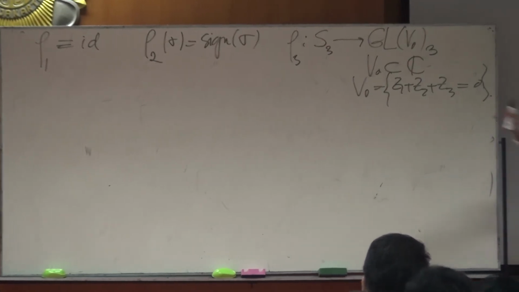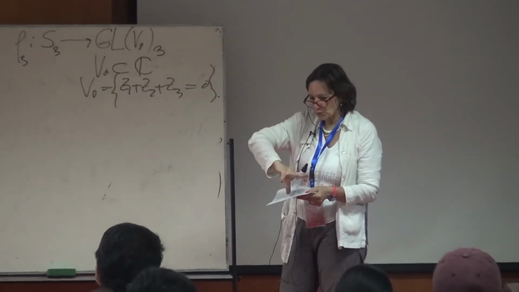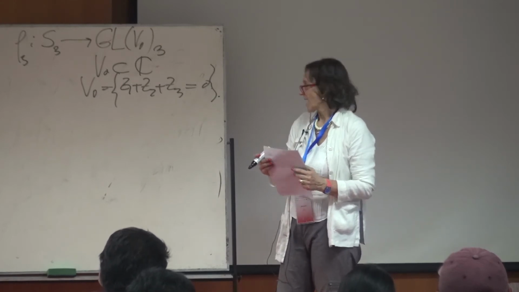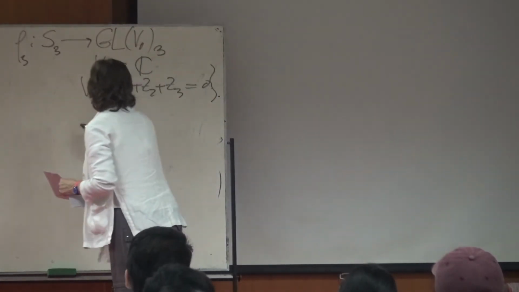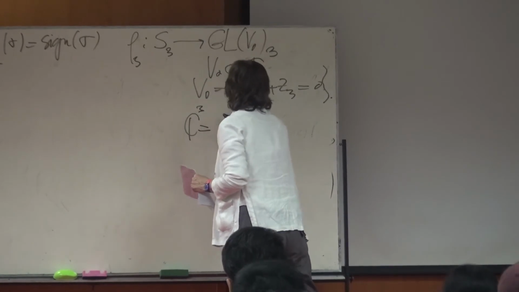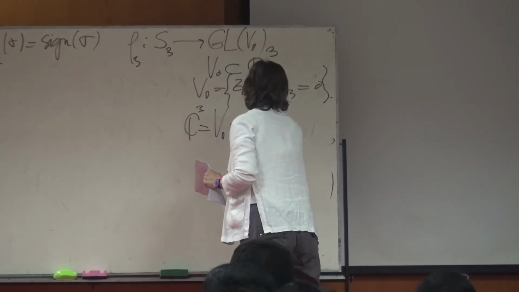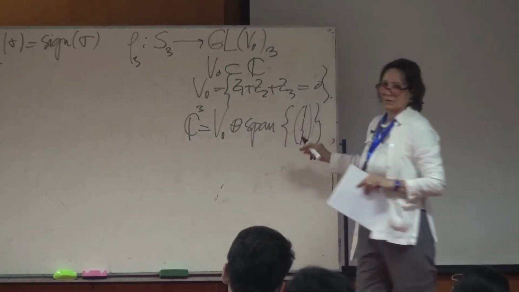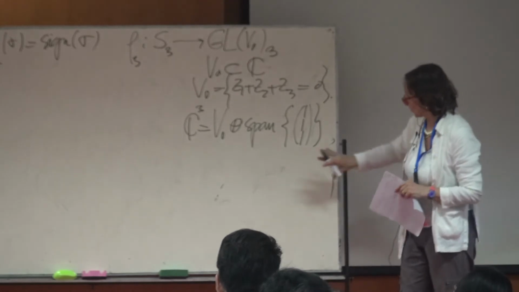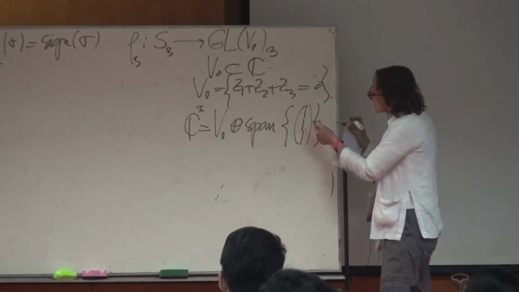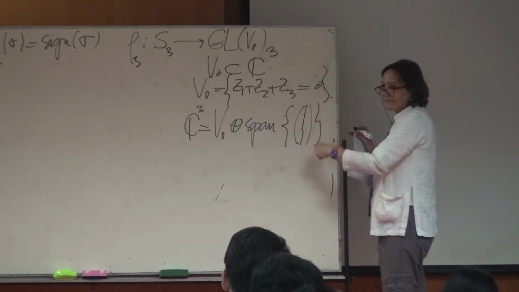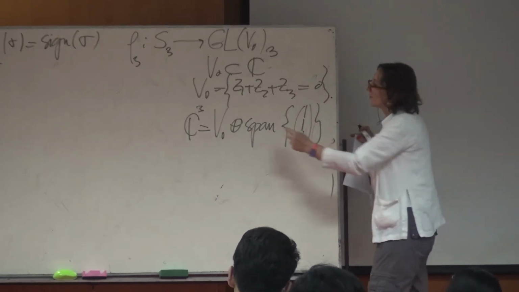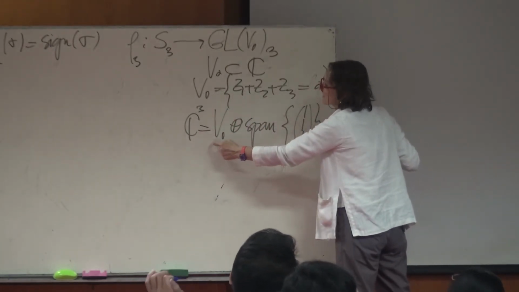The action of S3 permutes the basis vectors of C3, and C3 can be written as V0 plus the span of (1, 1, 1). You saw it in the lecture. Here S3 acts as the identity, because if a vector has all the coordinates the same, this action does nothing to the vector, while on V0 it acts, and this has dimension 2.